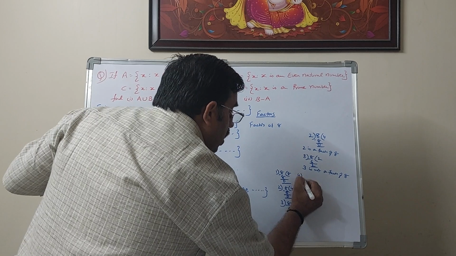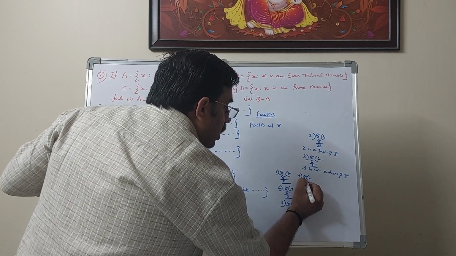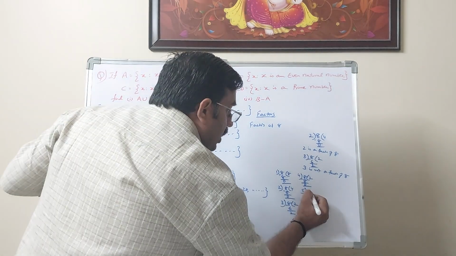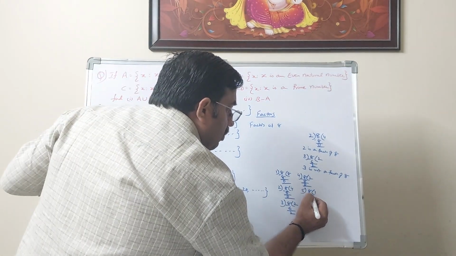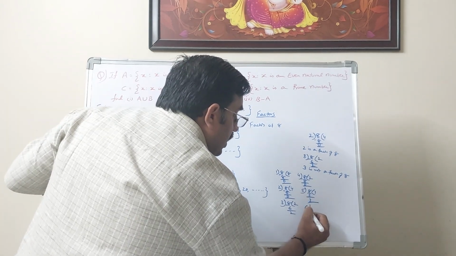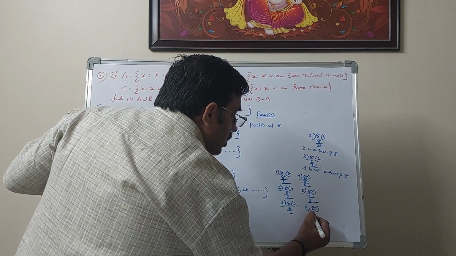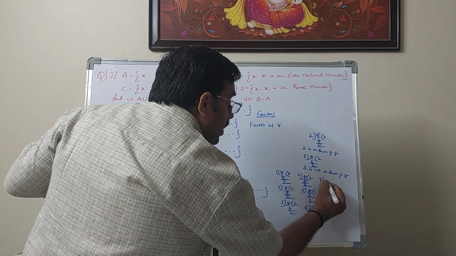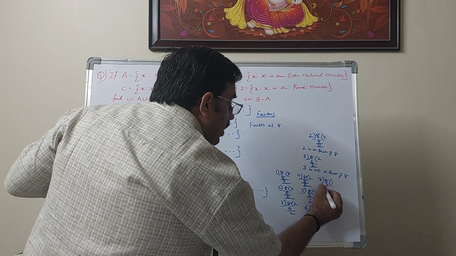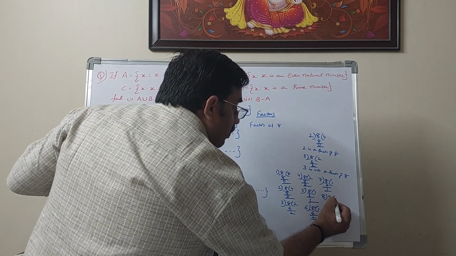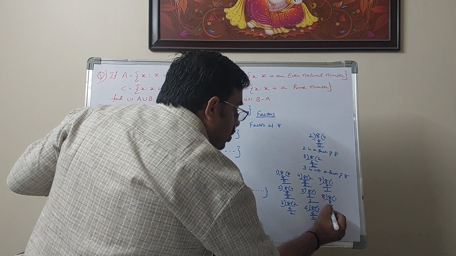Factors of 8: take 1, 1 8 is 8, remainder is 0. 2, 2 4s are 8, remainder 0. 3, remainder 2. 4, 4 2s are 8, remainder is 0. 5, remainder is 3. 6, remainder is 2. 7, remainder is 1. 8, 8 1s are 8, remainder is 0.